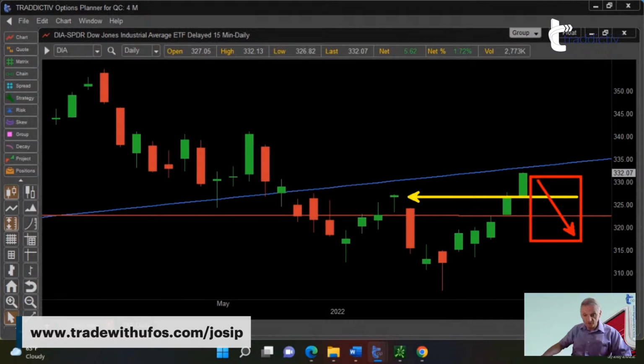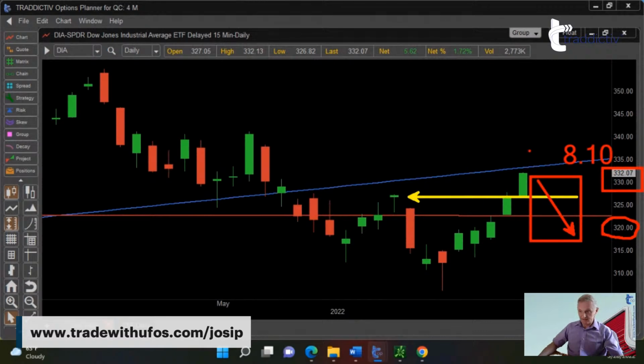Now, when we move down to, let's say, the 320 area, what do you think the value of that 330 put that is right now costing us $8.10 is going to be when we move down? It all depends on the delta, correct? So you can simply calculate.